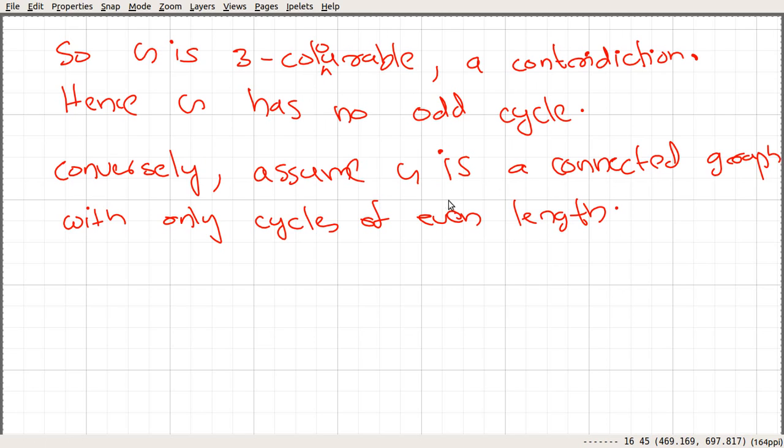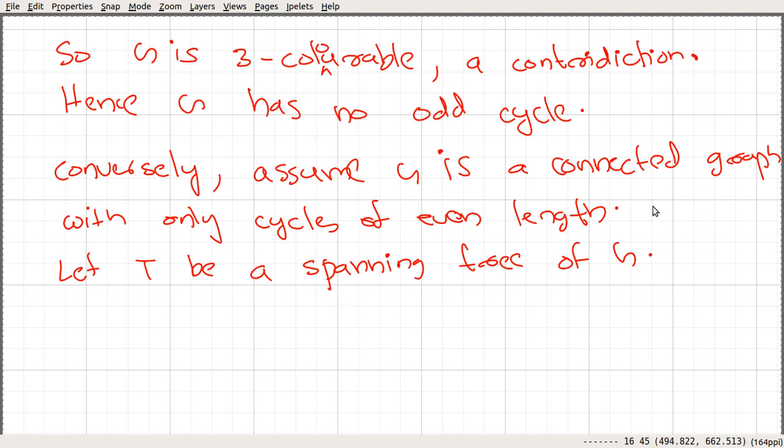Let's consider a spanning tree T of this graph. From the previous video we know that any tree is two colorable. So this spanning tree is also two colorable.